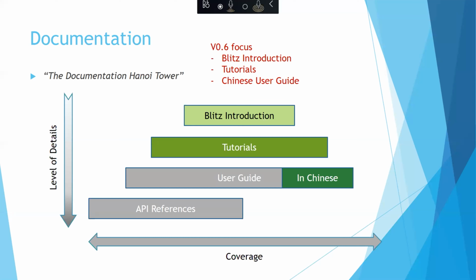And also tutorials on advanced topics like mini-batch training for graph. And besides, we translate our user guide into Chinese thanks to the community effort. Of course, people may ask, where are the developer guides? We didn't forget that. We will schedule it in the 0.7 release.